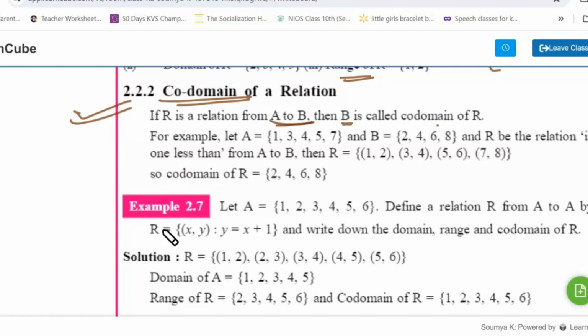We already know the domain comes from the first part of the ordered pair, and range is the second part of your ordered pair. So that exists, whereas codomain is all the possible outputs that can come out.